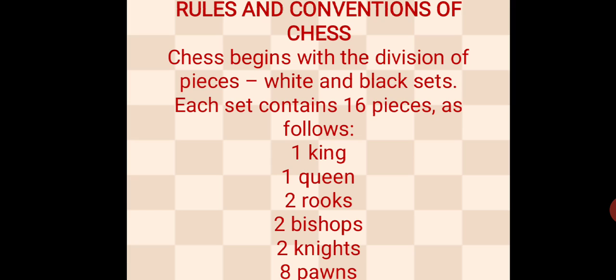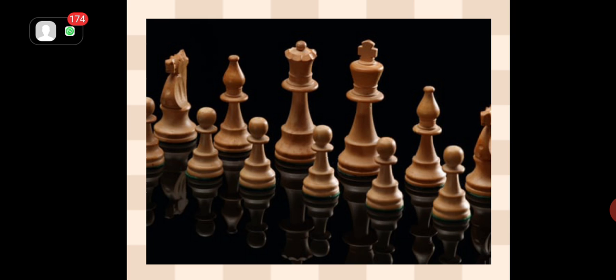Okay, so altogether it is 16 pieces in each set. And the total chess board consists of 16 plus 16, 32 pieces. And one player handles the white set, another player handles the black set with 16 pieces.